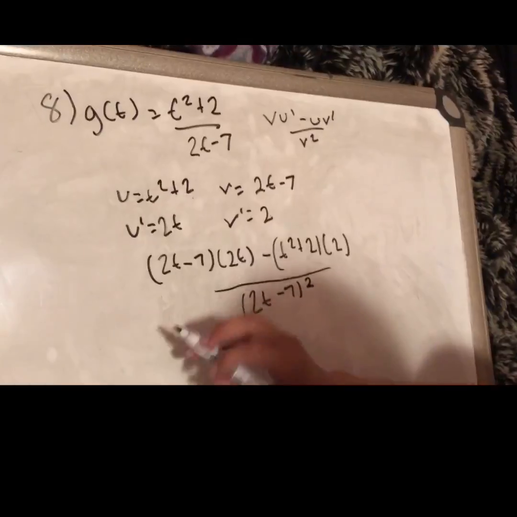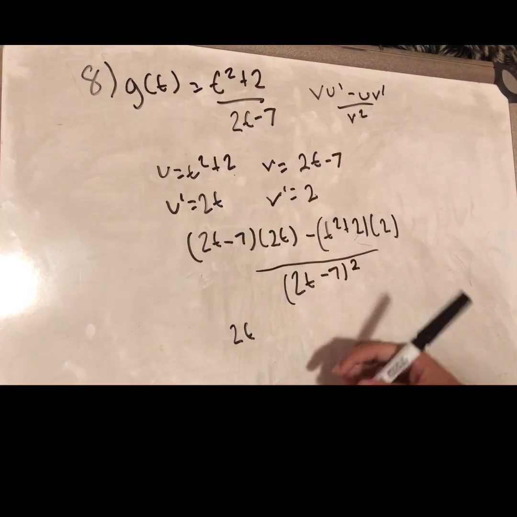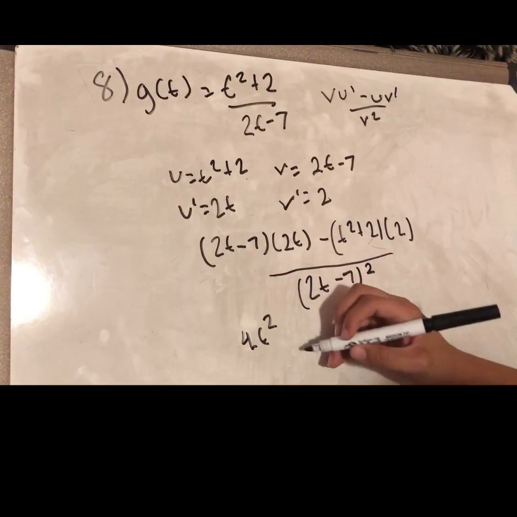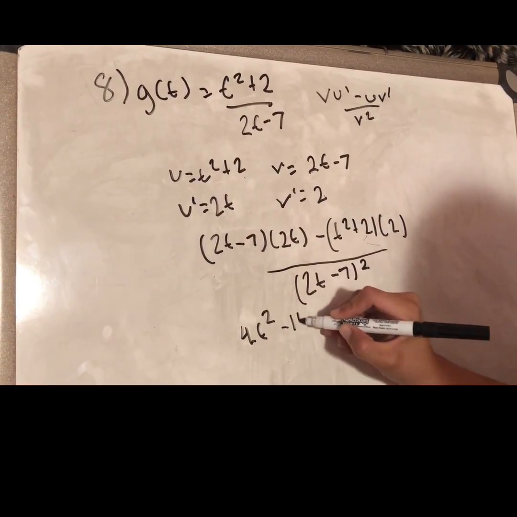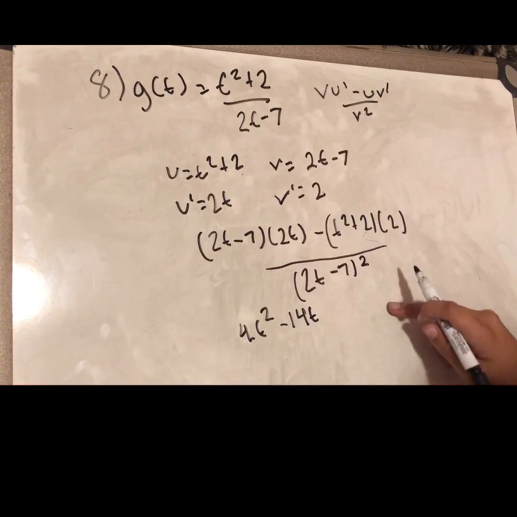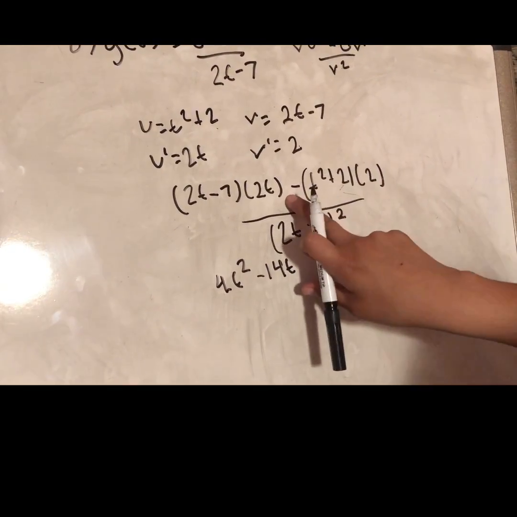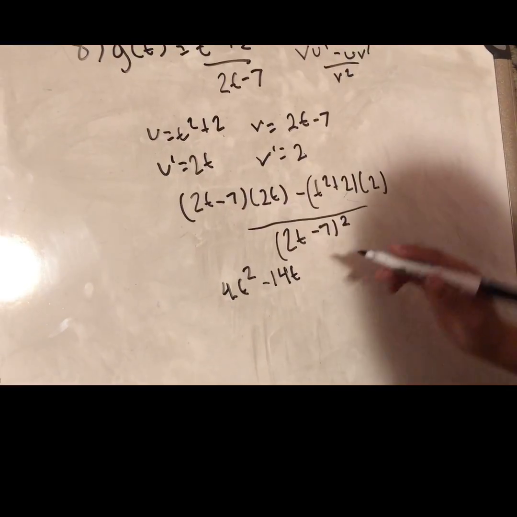Now you distribute, so 2t times 2t is 4t squared, and negative 7 times 2t is negative 14t. So now we're gonna multiply, and then we're gonna distribute the negative, so we won't get confused, because I get confused sometimes too.